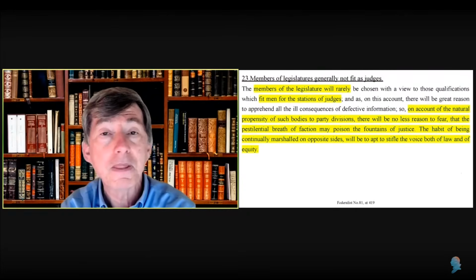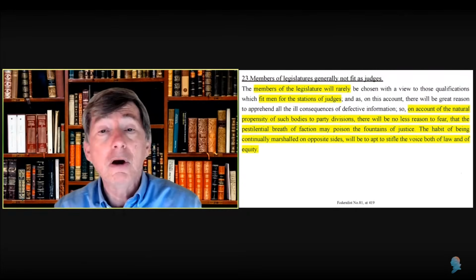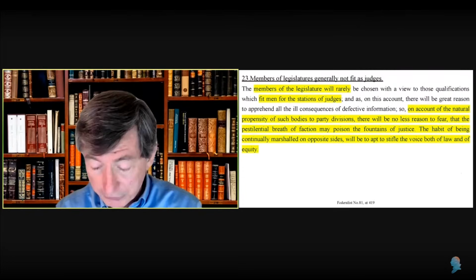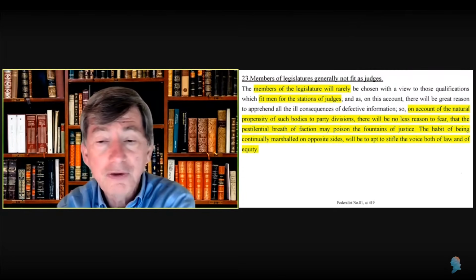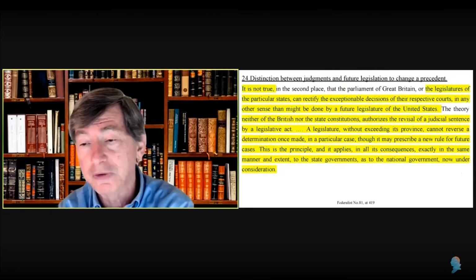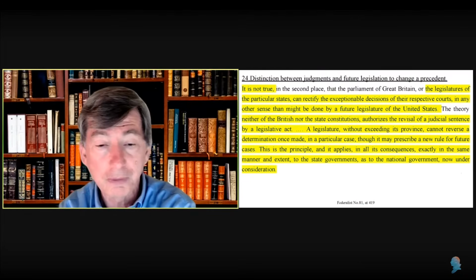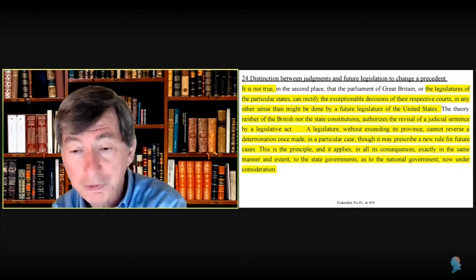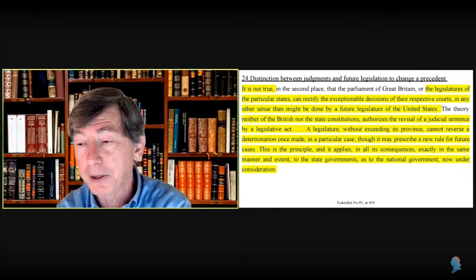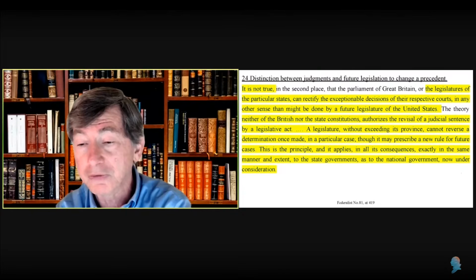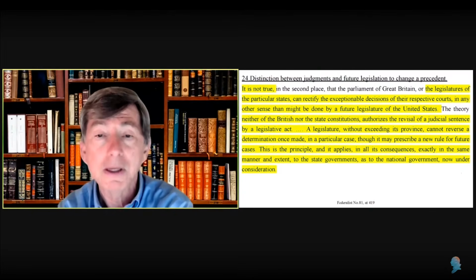And of course, the whole notion promoted in law schools that judges should be policymakers certainly encourages this. The distinction between judges and future legislation to change precedent: it is not true that the legislatures of the particular states can retry the exceptional decisions of the respective courts in any other sense than they might have done by a future legislature of the United States. Remember, this is before the 14th Amendment.